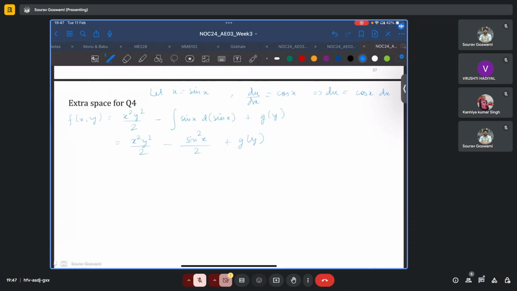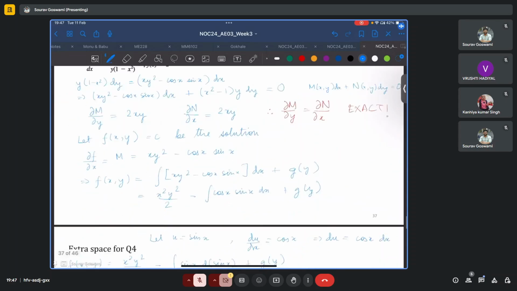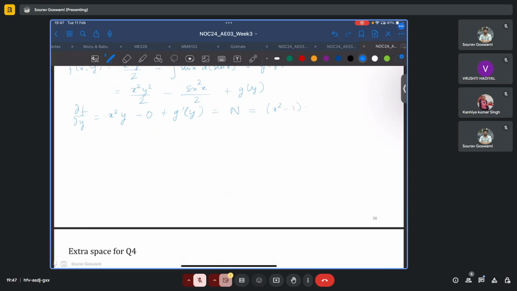Now I take the partial derivative of f with respect to y and set it equal to N. So ∂f/∂y comes out to x square y minus 0 plus g prime of y is equal to N, but N in this case is (x square minus 1) y, which implies that x square y plus g prime of y is equal to x square y minus y, or g prime of y is simply minus y, which implies that g of y is equal to minus y square by 2.